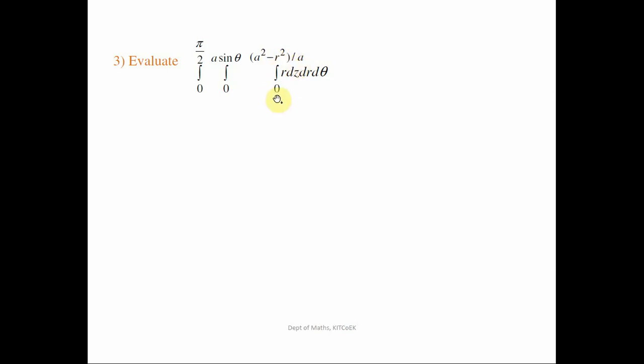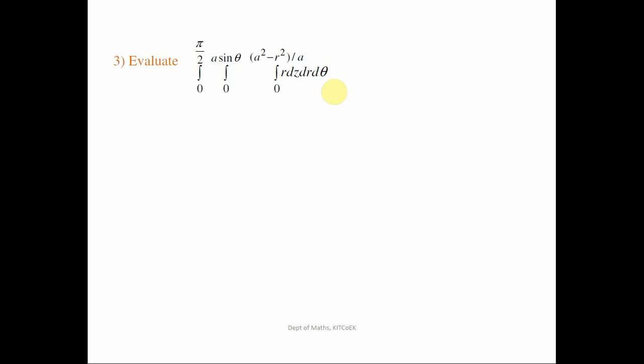It means the limits 0 to a square minus r square by a are the limits of variable z, then 0 to a sin theta are the limits of variable r, and 0 to pi by 2 are the limits of variable theta. So we will evaluate all these three integrals successively.